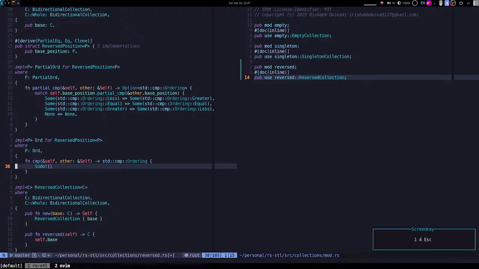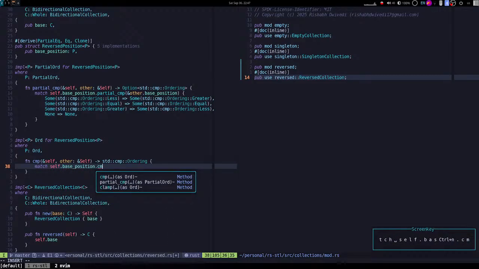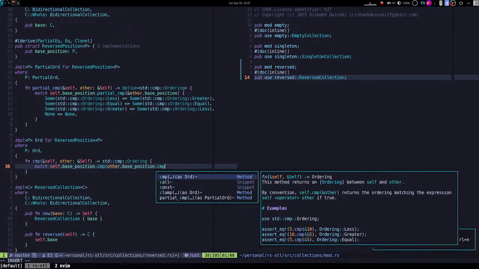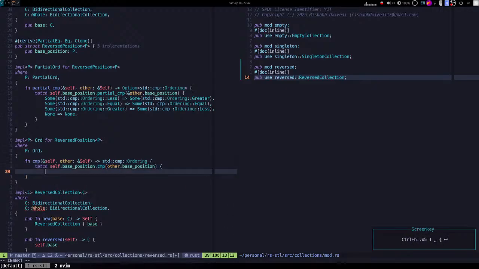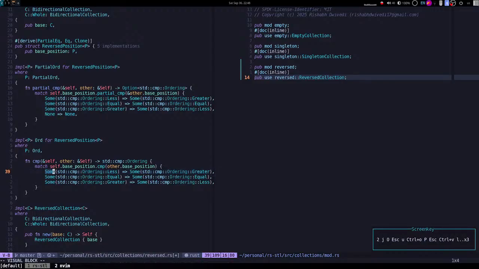The comparison is simply, I think, match self.base_position.compare with other.base_position. And I do match it, and this time I copy this one, paste it here, and here is the thing, right?